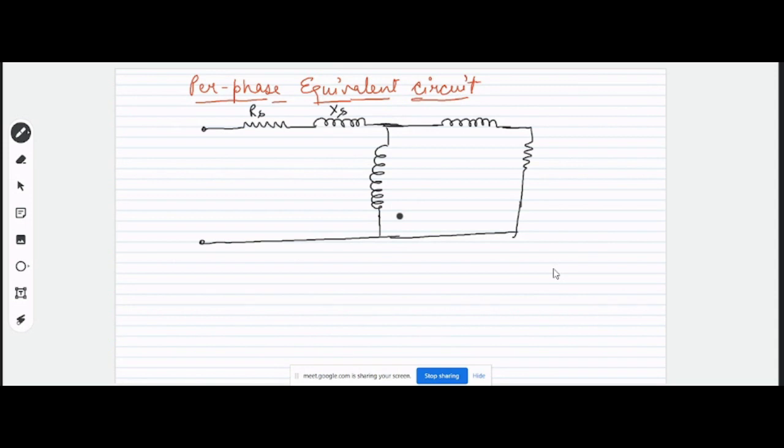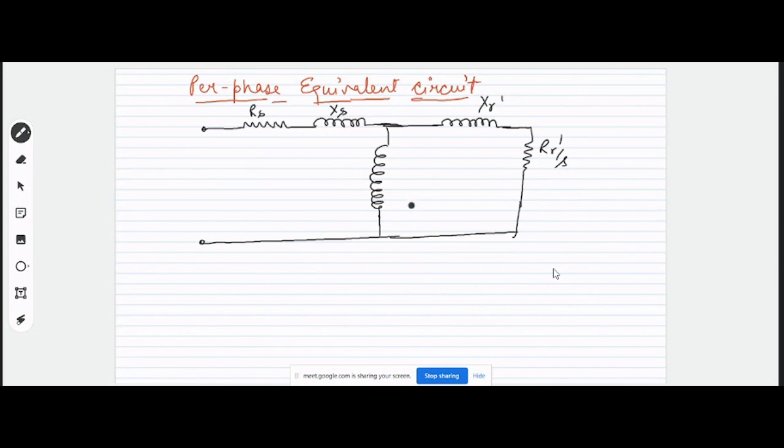And the major thing is the number of turns in the stator and the rotor windings, right? Because of the number of turns, the effect may vary. That's why we write, suppose this is the value X2 dash and this is R2 dash by S. What does this dash represent? Dash means they are the values referred to the particular side.